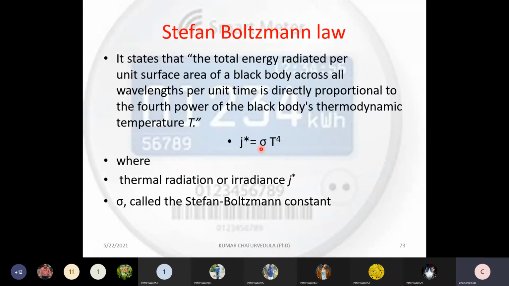You might have seen these physics experiments in your school. So the total energy radiated per unit surface area of a black body across all wavelengths per unit time is directly proportional to the fourth power of the black body's thermodynamic temperature. Using this law, we make some adjustments and calculate the temperature.